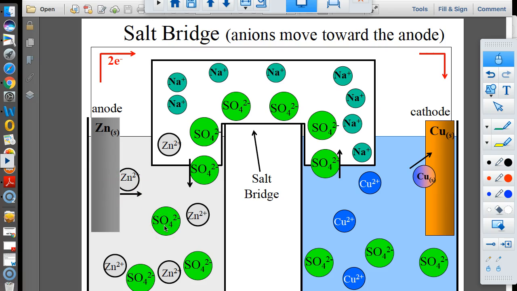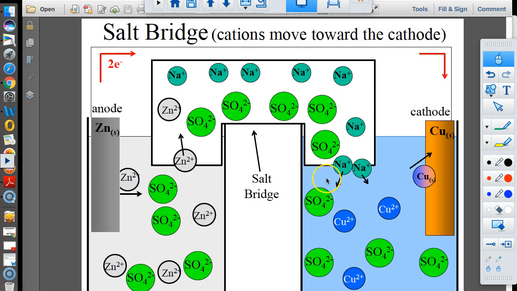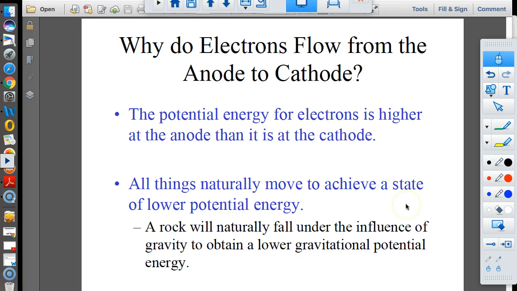And cations go through toward the cathode, because I need positive ions to replace the copper that turns into a solid, going from 2+ to a 0 charge as it is reduced.